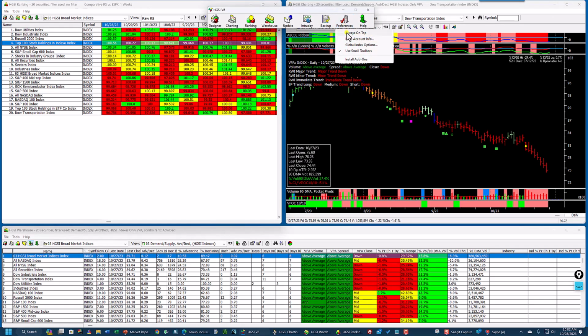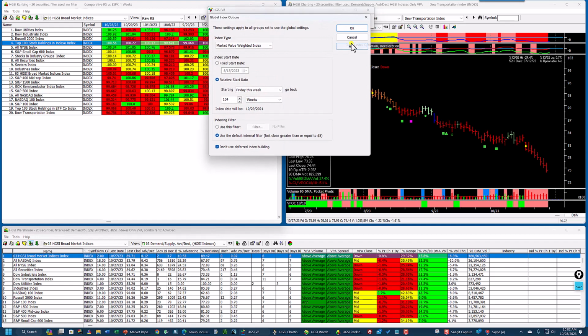I just want to show you my global index options, and I've done this for years. I use a relative start date of 104 weeks because I want to see indexes for 2 years, not 1 year. And I also use market value weighted index, which gives a higher weighting to the larger cap stocks. It just seems to work better for me.